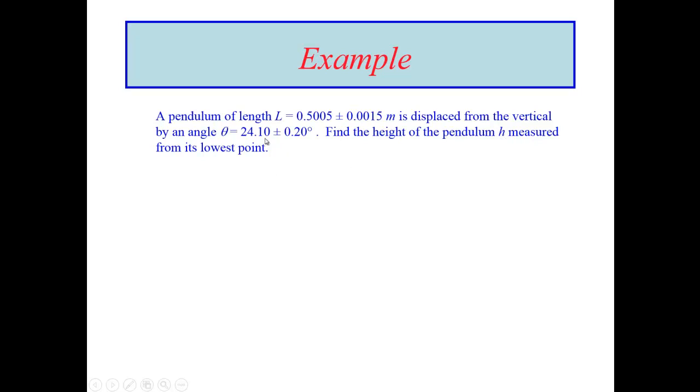So at this particular angle, what's the height of the pendulum? Clearly, that height will depend on the length of the pendulum and the angle. If we make the angle larger, then this height is going to be larger. If the length of the pendulum is larger, the same thing holds true. So there's a simple function that relates L and theta to the height, and we will give the result after working out this example in class.